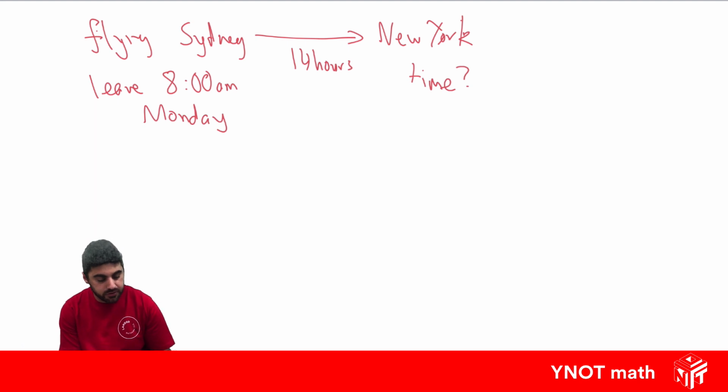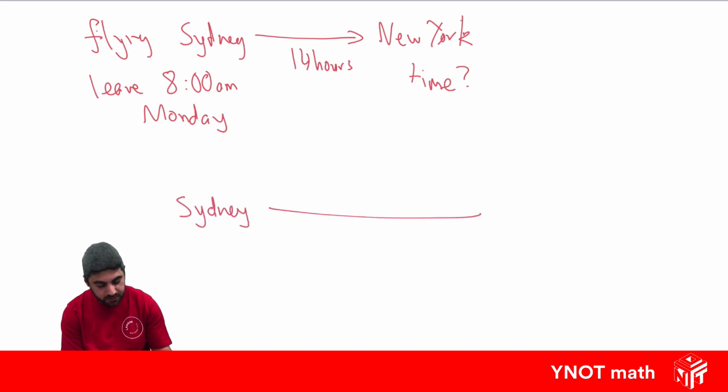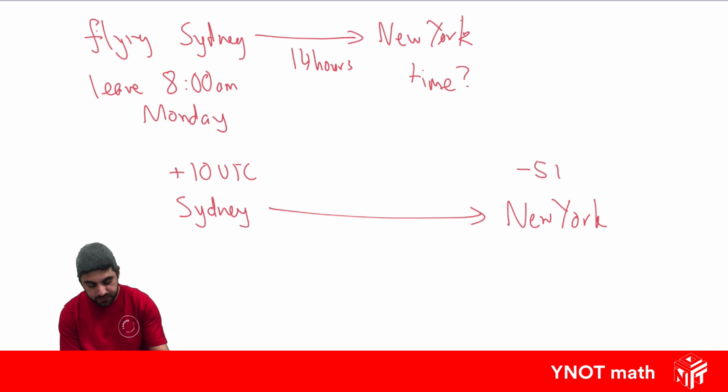So what I like to do for these questions is I like to draw a silly diagram, from where you're starting to where you're going, and working out our time zones. So we've already worked out that Sydney is plus 10 UTC and New York is minus 5 UTC, and the difference between them is 15 hours.